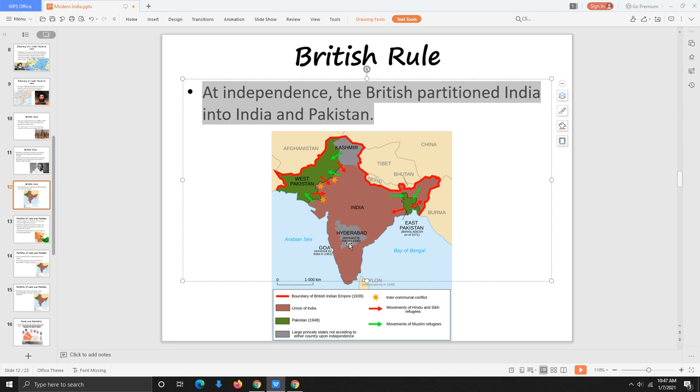Now you also see some areas here like Hyderabad, for example, which was independent, but then incorporated in India in 1948. Goa here was owned by the Portuguese and eventually gets incorporated in India in 1961. East Bangladesh, this is East Pakistan, which is nowadays Bangladesh, gained its independence from Pakistan in 1971.